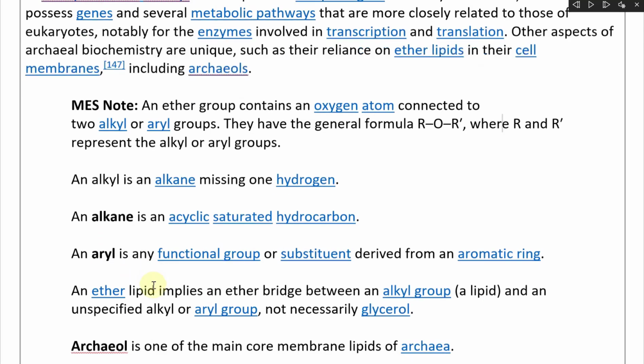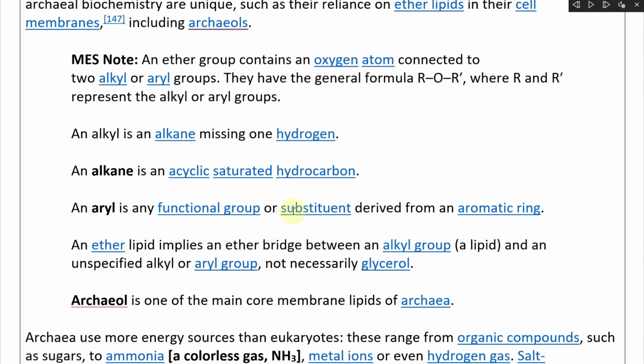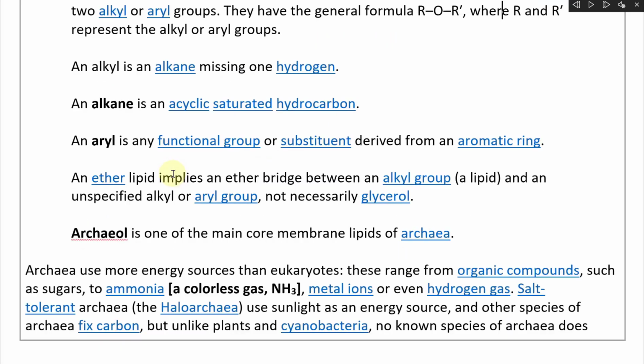An aryl is any functional group or substituent derived from an aromatic ring, which is a ring with delocalized electrons and enhanced stability, and so on. So an ether group contains an oxygen atom connected to two alkyl or aryl groups, and the formula is here.